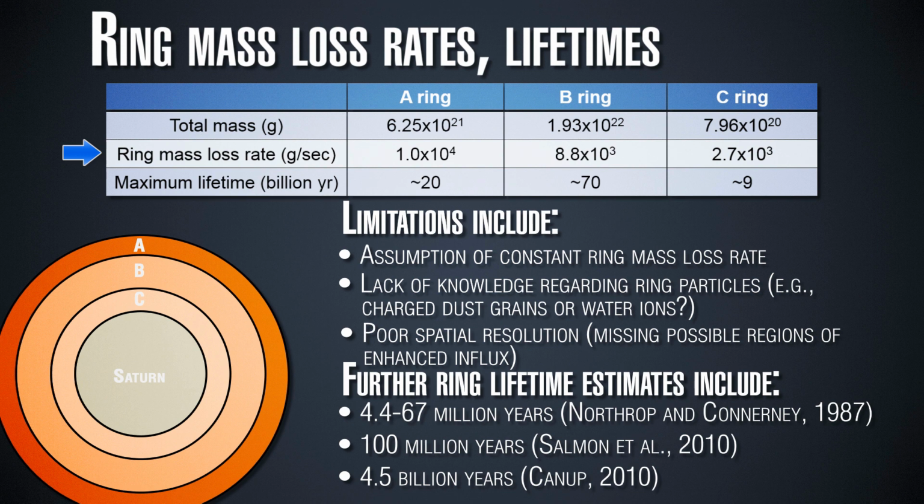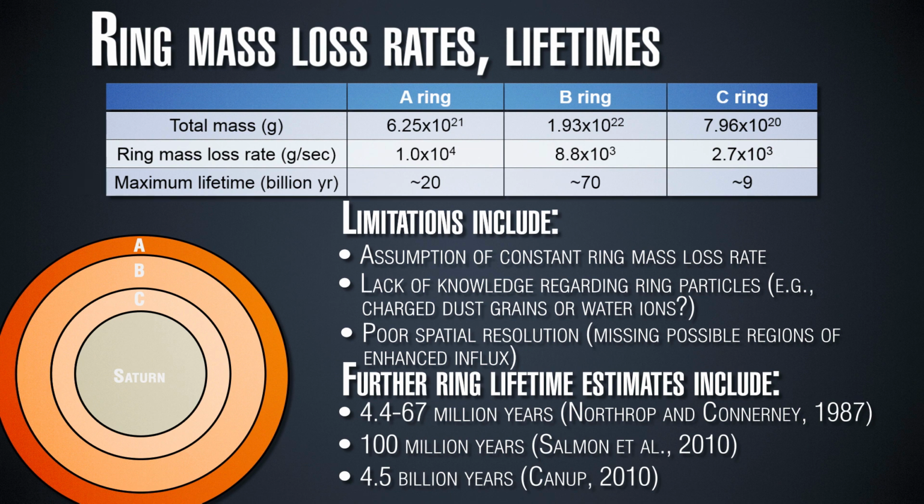Based on those masses and mass loss rates, you can derive a maximum lifetime from this ring-ring erosion process. And you find, in billions of years, that the limit of the lifetime of Saturn's rings is rather large. So this erosion process is not likely to erode the rings over a time scale that is shorter than the lifetime of our solar system, for example.